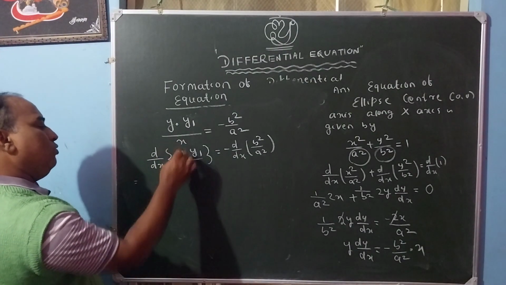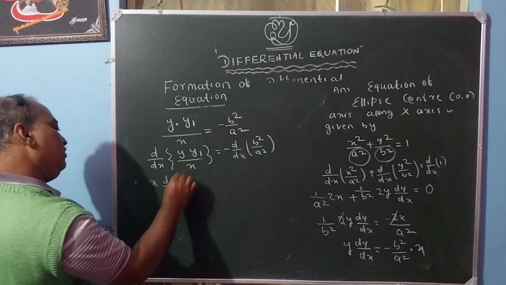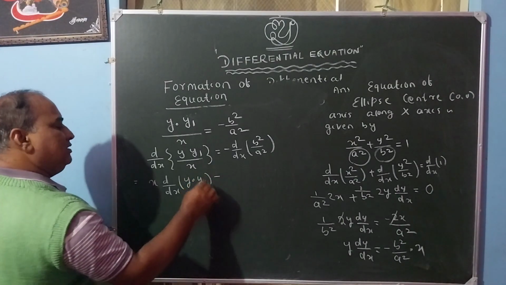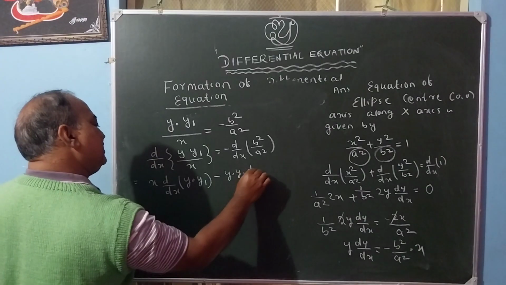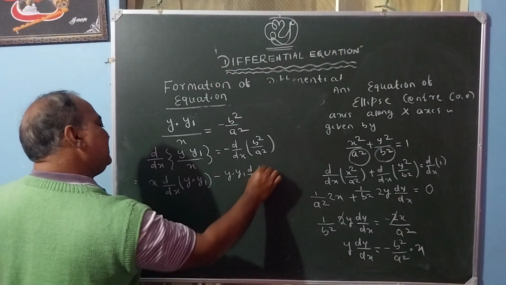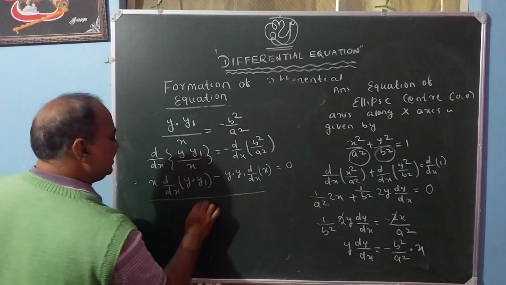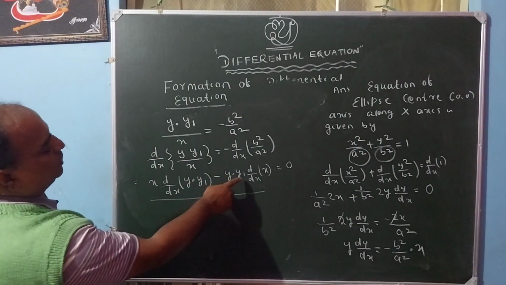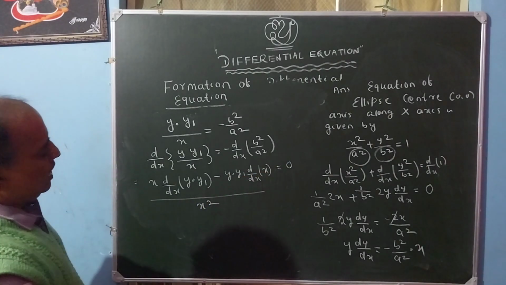So apply the division formula: u by v, (v derivative of u minus u derivative of v) divided by v square.